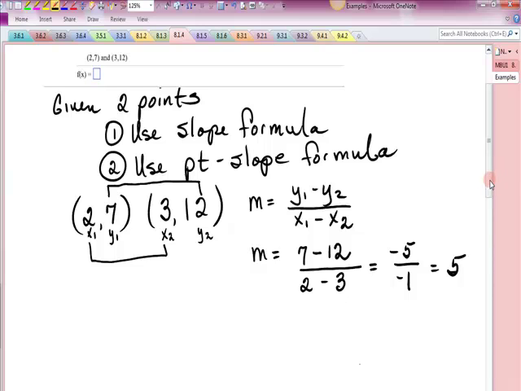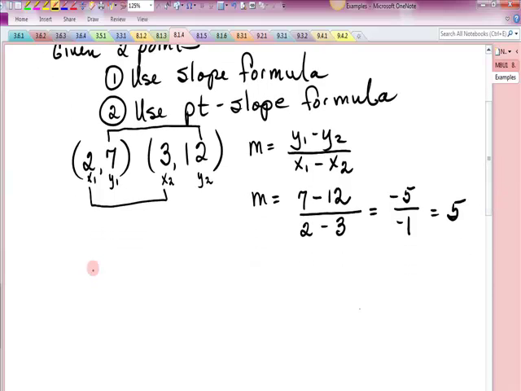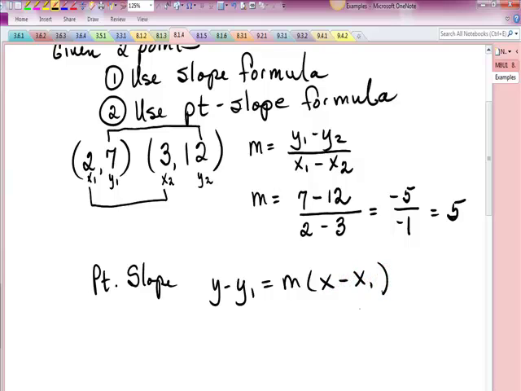The second part of our problem is to now use point slope. And point slope is y minus y1 is equal to m times x minus x1. Now, I called this x1, y1, but it doesn't matter. You could choose either point. So I've got a point and the slope. You could have done it with this point and you would get the same results.